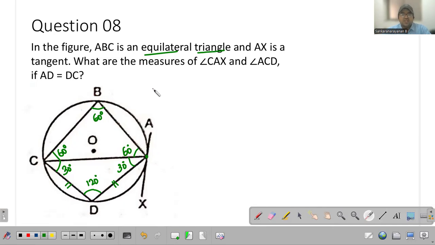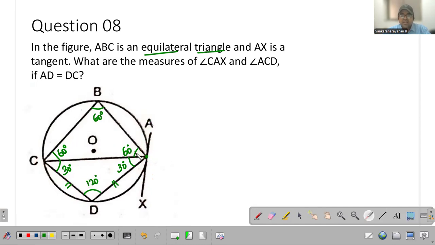Fine. Now the next thing I have to understand is, using the alternate segment theorem, as AX goes in this manner, this measurement is 120 degrees. Observe CDA, it is 120 degrees. Can I not consider that this full angle has to be the same 120 degrees, because you are considering this triangle and it is going this way, it's a tangent.